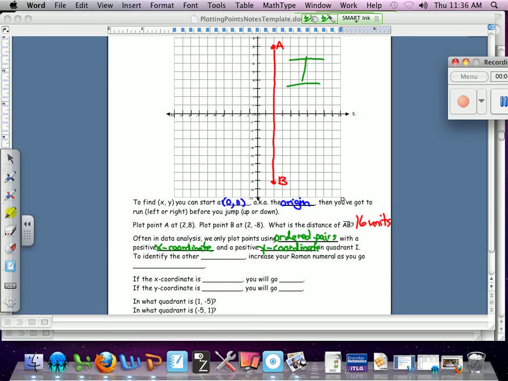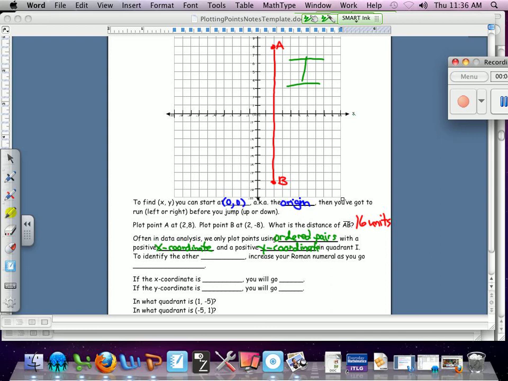Sometimes you only have a quadrant 1. You don't even show the whole crisscross of your x-axis and your y-axis, your horizontal number line and your vertical number line. Since we read left to right, how come this is the first one? Because a lot of times people only need that one.